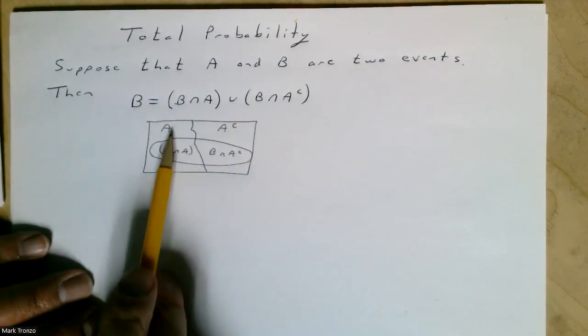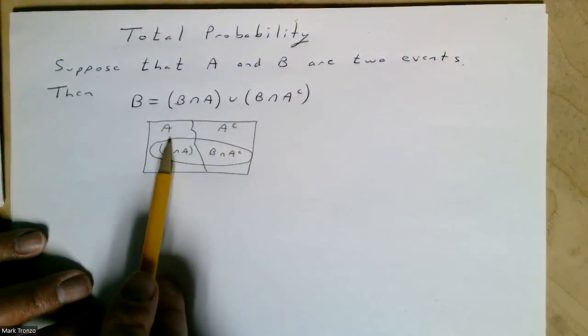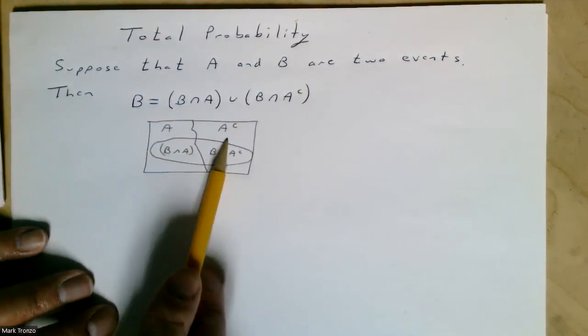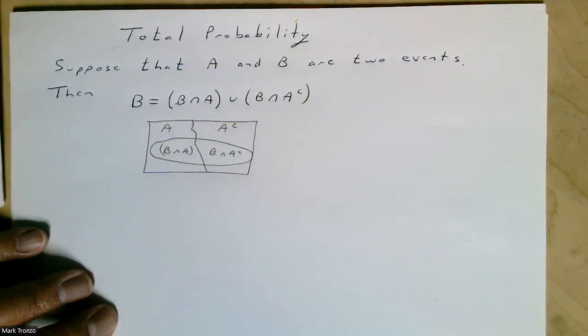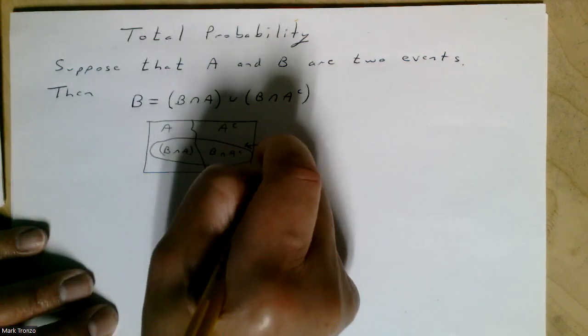Notice that A and A complement are always mutually exclusive. Anytime you have a complement of something, they're always mutually exclusive. And therefore, you can see for this diagram, this is our set B.